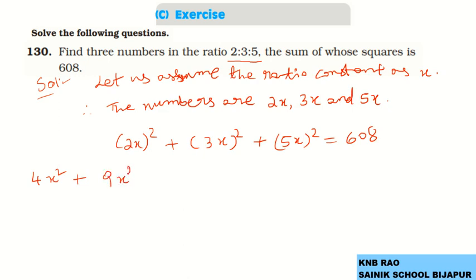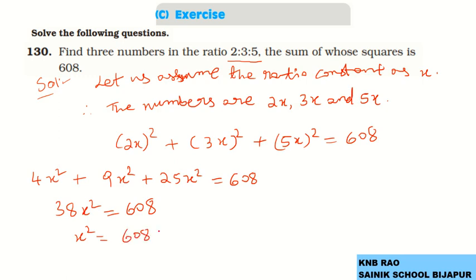Then (3x) whole square is 9x square. (5x) whole square is 25x square. Their sum is 608. The sum of these is 38x square equals 608. x square equals 608 divided by 38, which gives 16.